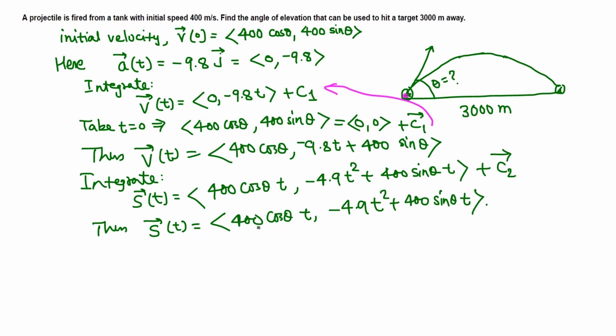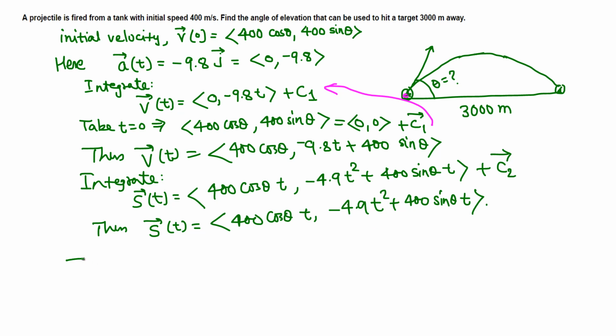Now this is x, the horizontal distance, and this y is the vertical distance. When it hits the target, the horizontal distance is 3000, and y is 0 because it hits the ground again. From these two we should be able to get the value of theta.